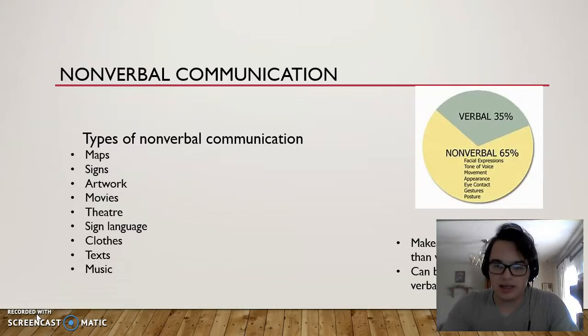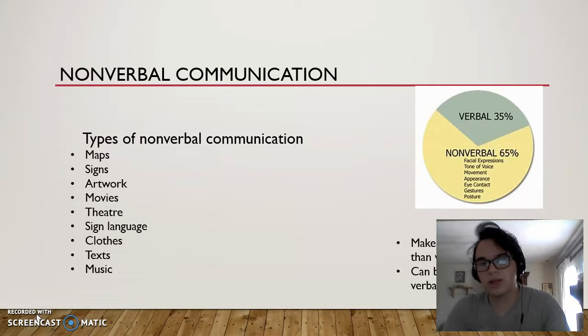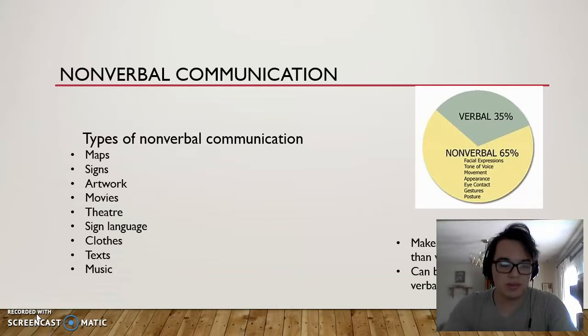Things like, if you're talking about something sad, you can have a sad expression on your face, or, if you're being funny, you can do things like winks, so people know you're joking. You don't always have to explain yourselves with verbal communication. You may have to explain what the true definition is, but if you mix verbal and nonverbal communication together, then you can have a totally different meaning to it.